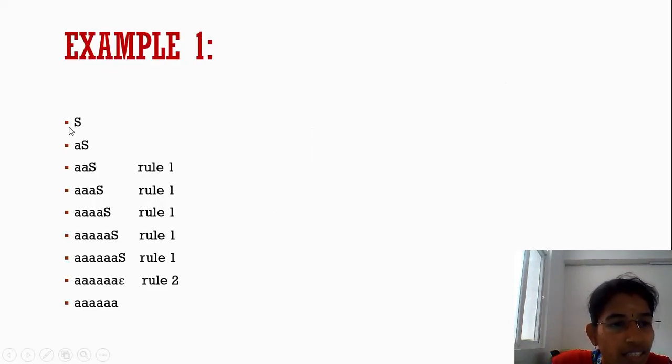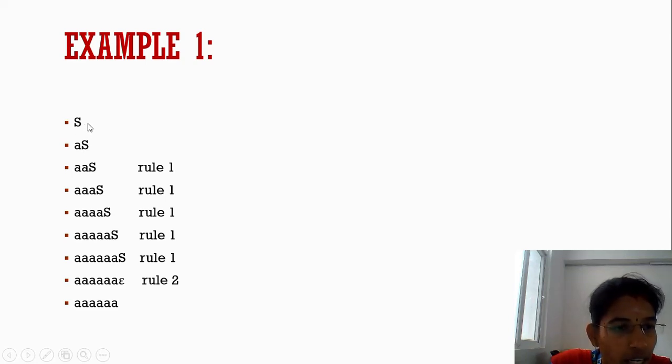These are the steps to generate the string. Our starting symbol S can be replaced by aS based on rule number 1.